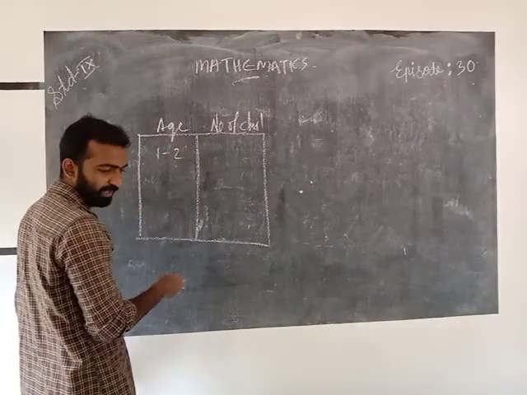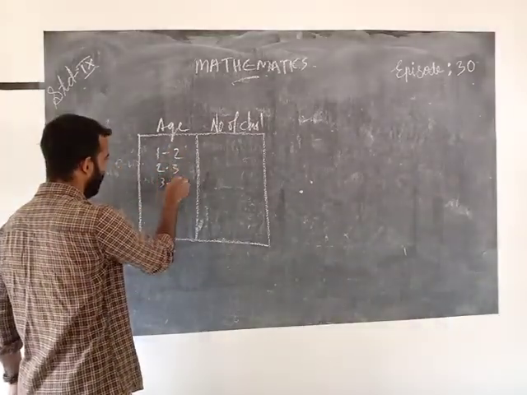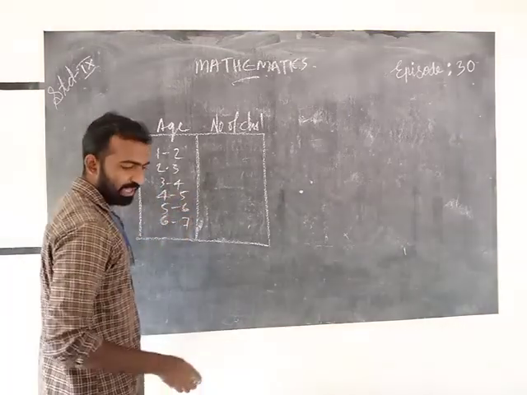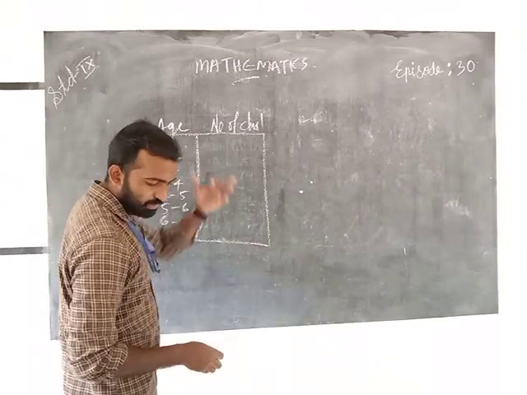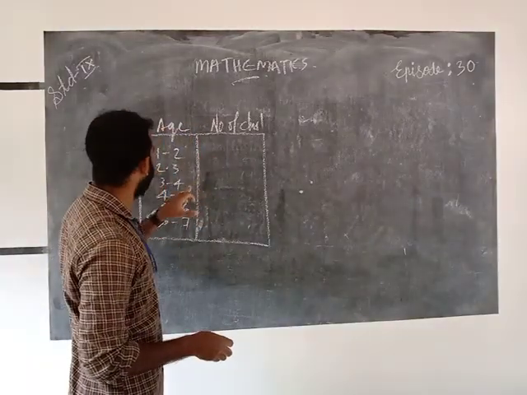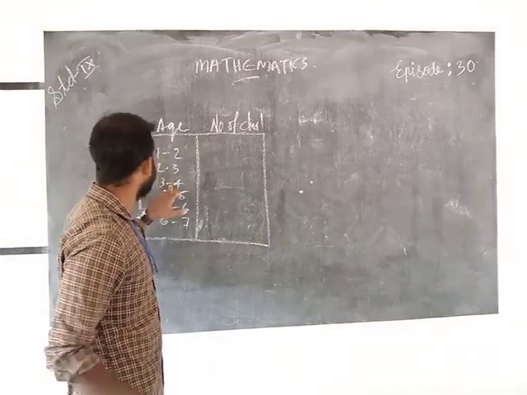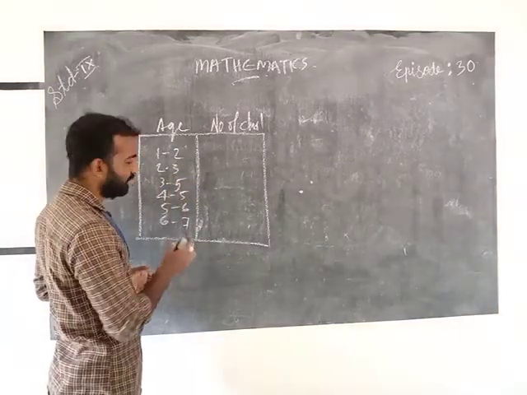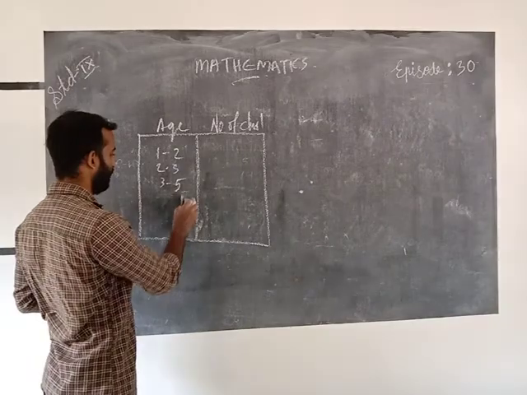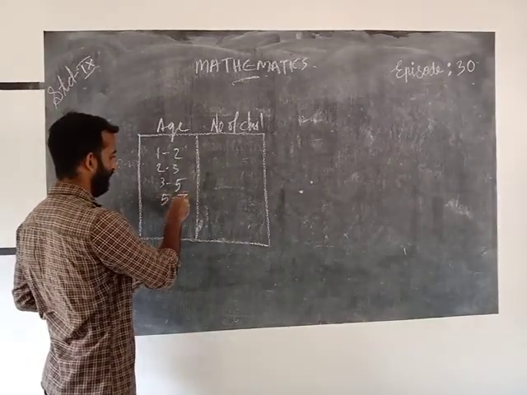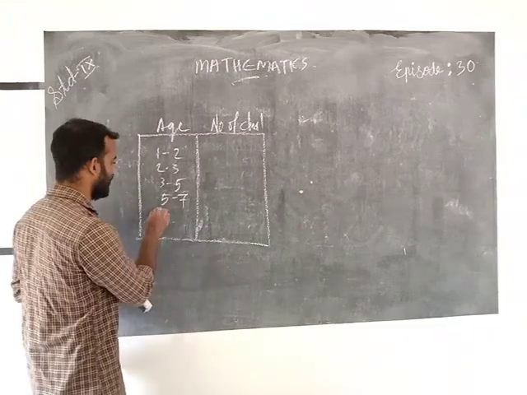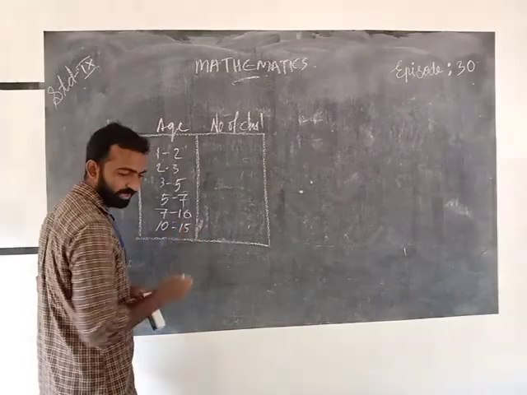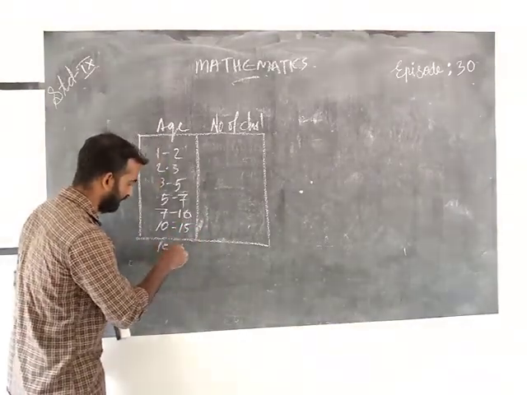The class intervals are 1 to 2, 2 to 3, 3 to 5, 5 to 7, 7 to 10, 10 to 15, and 15 to 17.